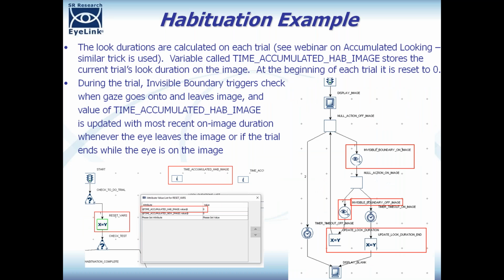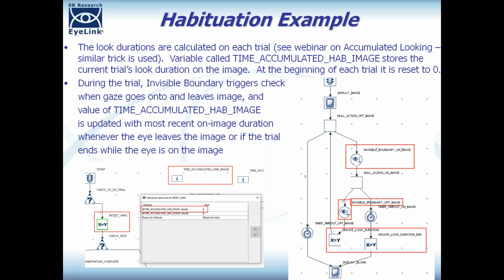But now we need to talk about how we're going to determine whether the habituation finished variable should become 1 or not. Basically, how we're going to determine whether the habituation criteria have been met. First, we need to calculate the amount of time that the participant spends looking at the image on each trial. We have another webinar on the accumulated looking paradigm, and this uses a similar trick to what I'm about to describe.